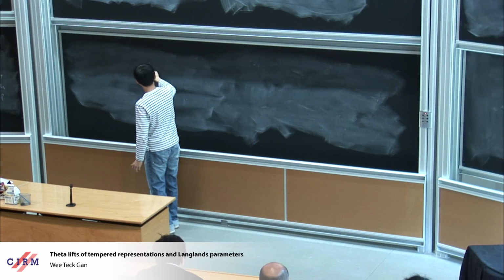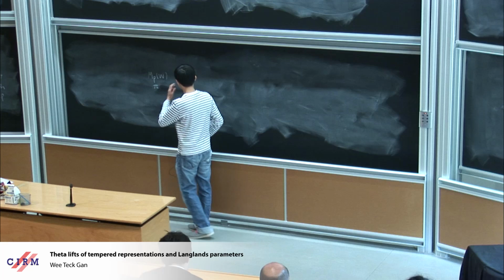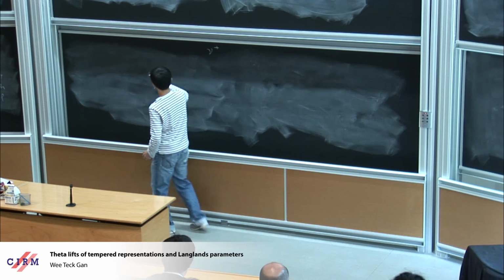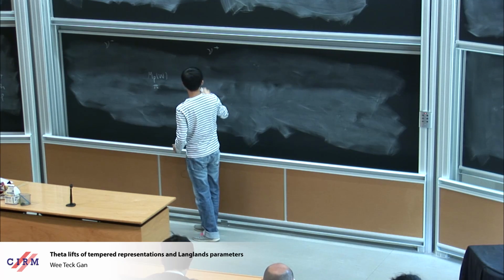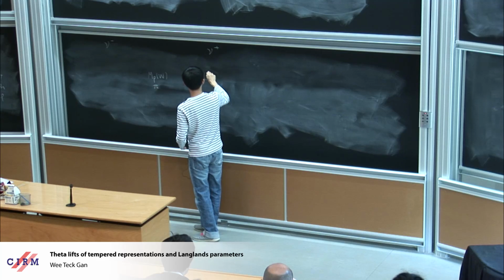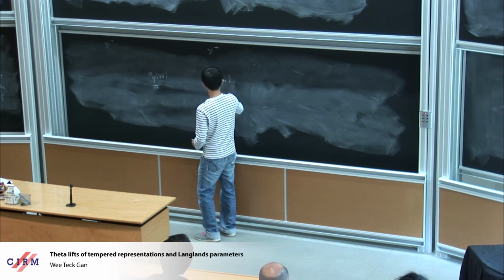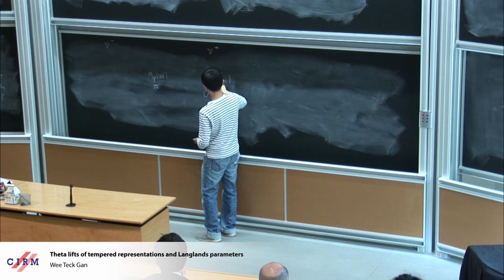Pictorially, the situation is that I'm fixing this group. I have my representation, and now I have my two Witt towers, the plus and the minus. Along this tower I have various orthogonal groups, somehow getting bigger and bigger.